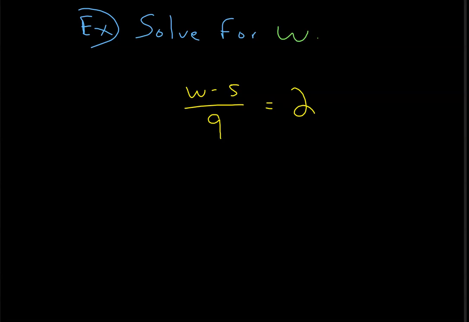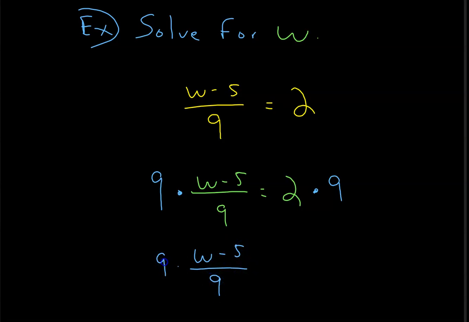So in beginning this problem, I'll take the fraction as it is, and our goal is to isolate the w. To begin isolating the w, we need to get rid of the fraction. So I'm going to multiply this side by 9 to get rid of that fraction. And whatever you do to one side of the equation, you have to do to the other. So I have to multiply the other side of the equation by 9. By doing that, you wind up having w minus 5 equals 18, since the 9's cancel.